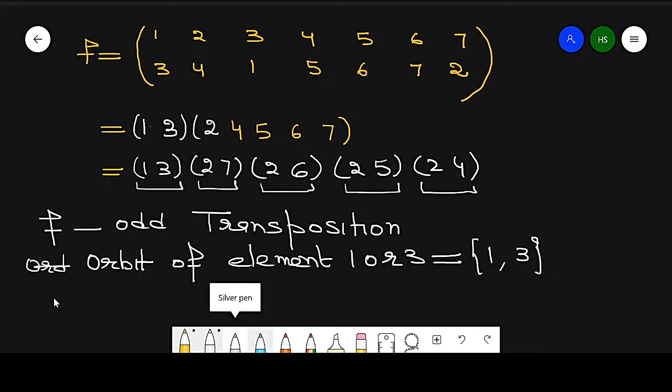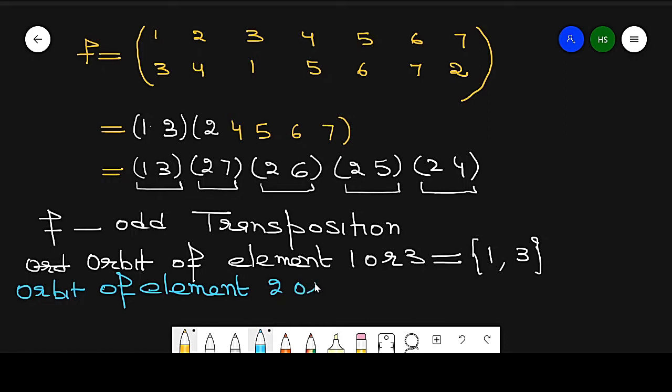Now what is the orbit or class of element 2 or 4 or 5 or 6 or 7?